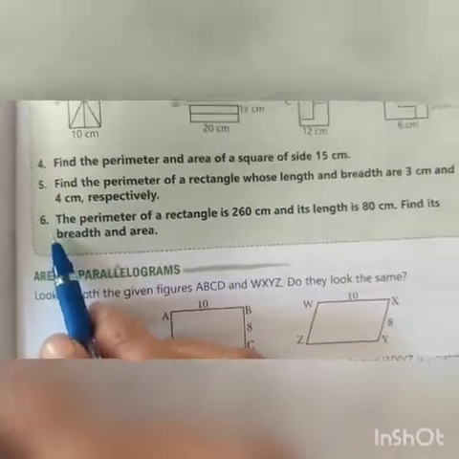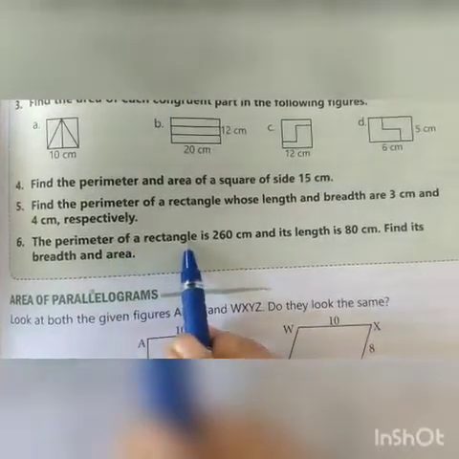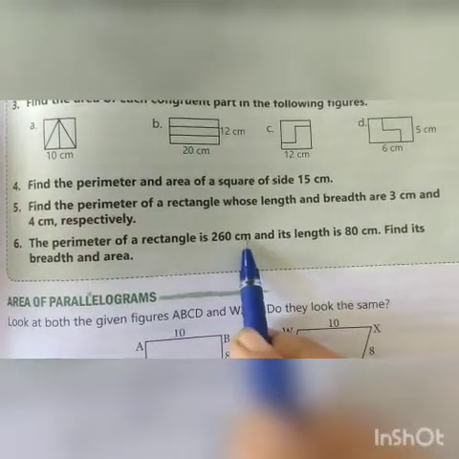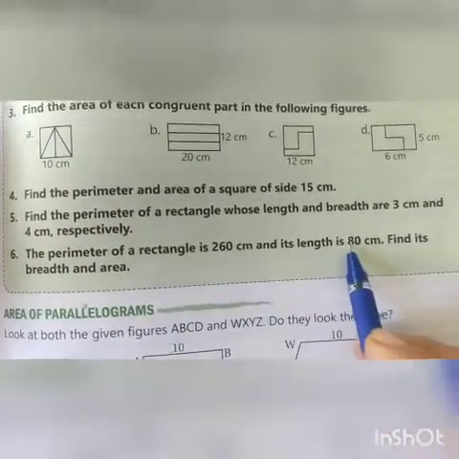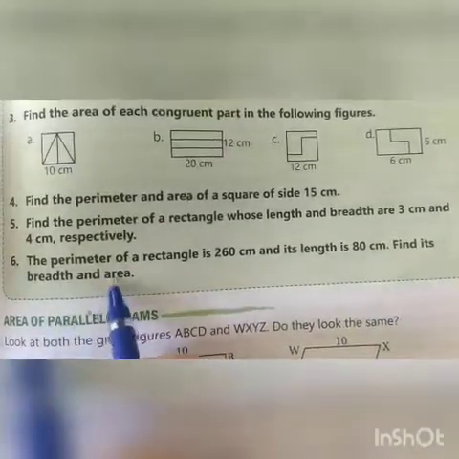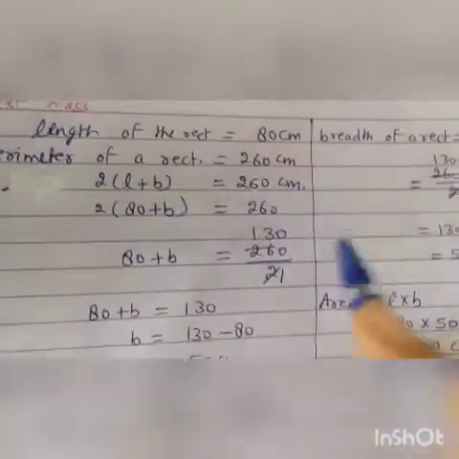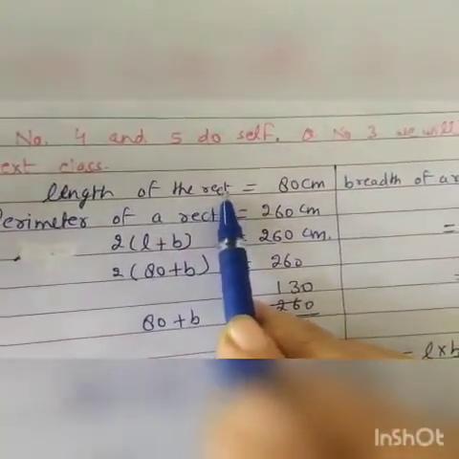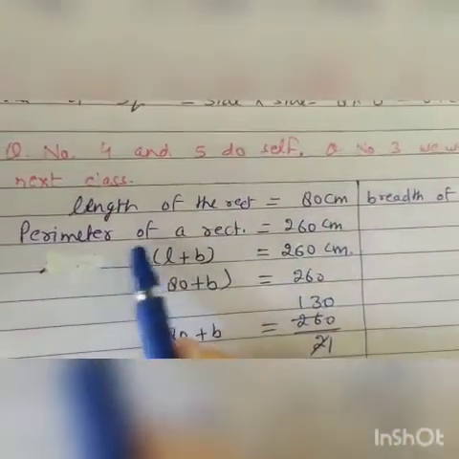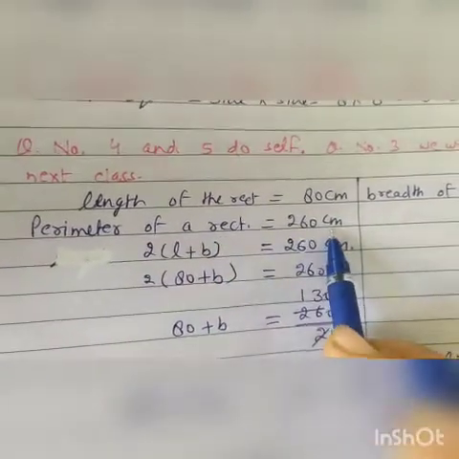Come to question number 6. The perimeter of a rectangle is 260 centimeter and its length is 80 centimeter. Find its breadth and area. See here, question number 6. Length of the rectangle is given 80 centimeter. Perimeter of rectangle is given 260 centimeter.